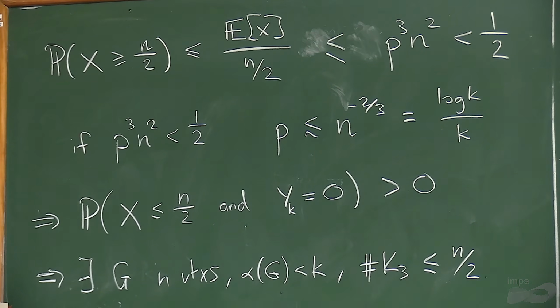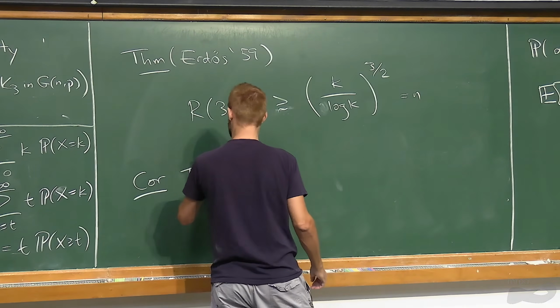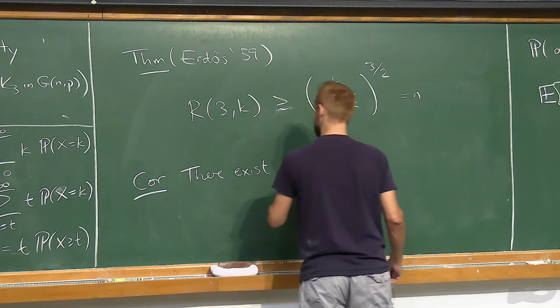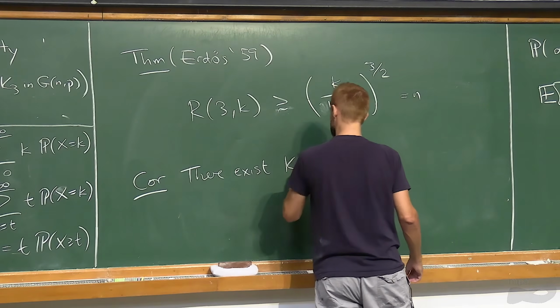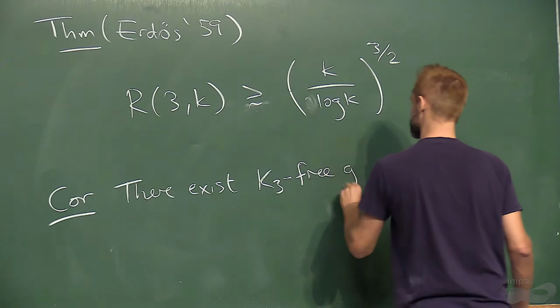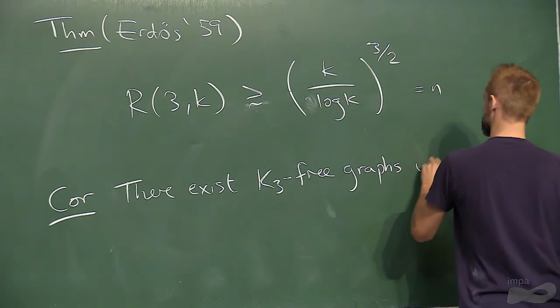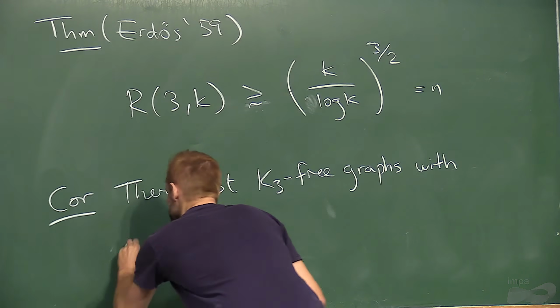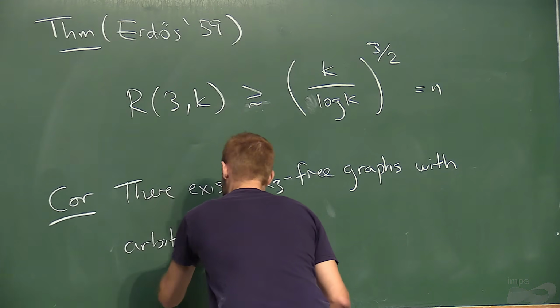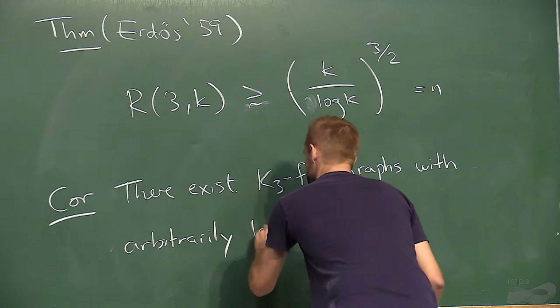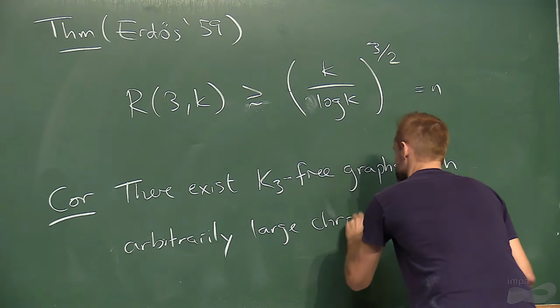Let's have a corollary of this. There exist triangle-free graphs with arbitrarily large chromatic number.